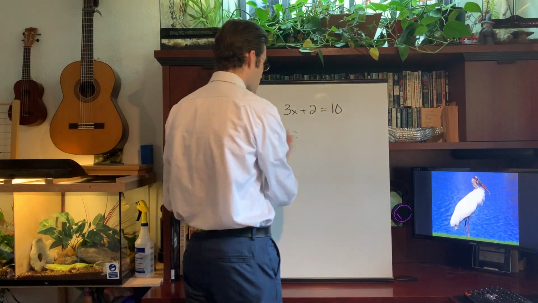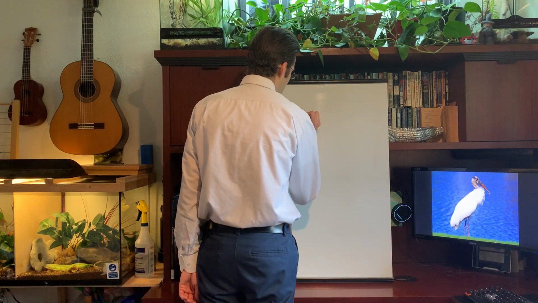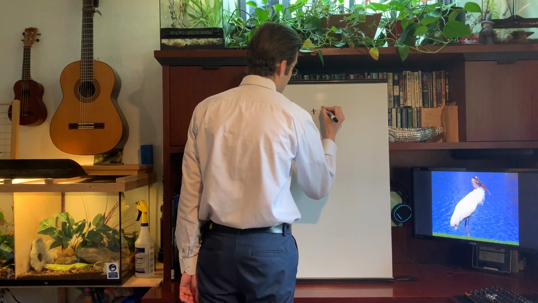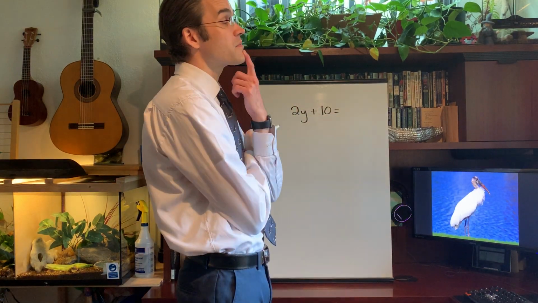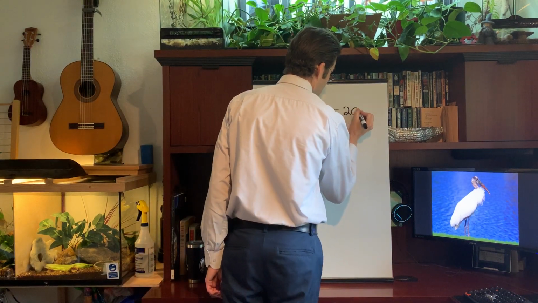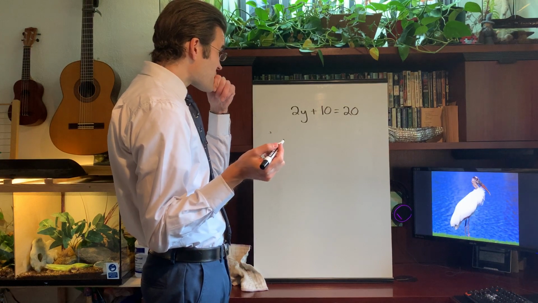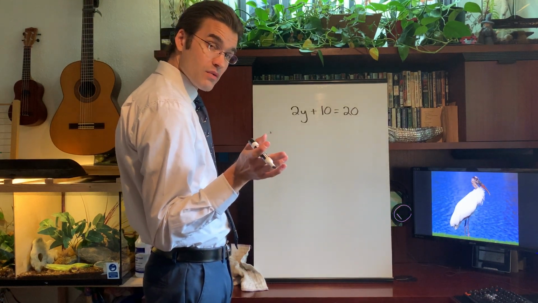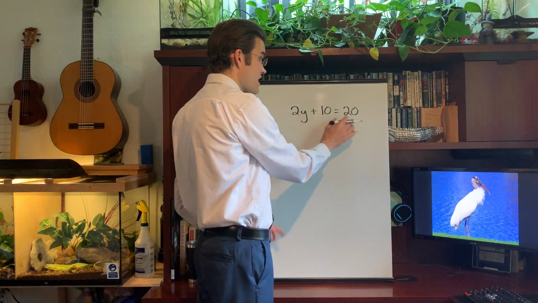Let me see if I can do another one for you. What if I have 2 times y plus 10 equals 20? We can just think this through. What times 2 plus 10 equals 20?